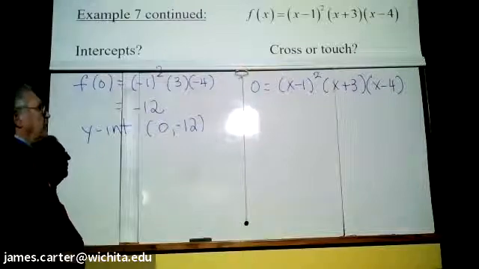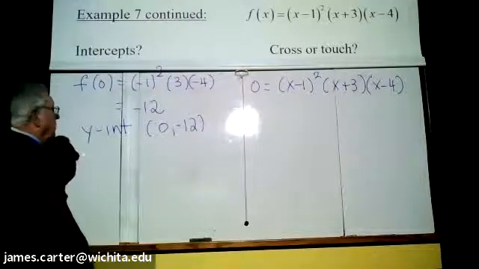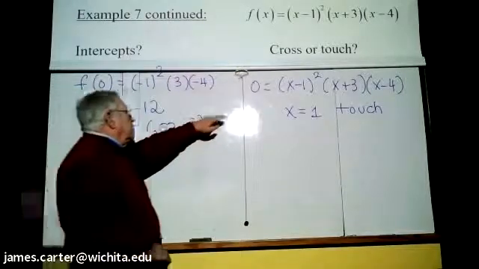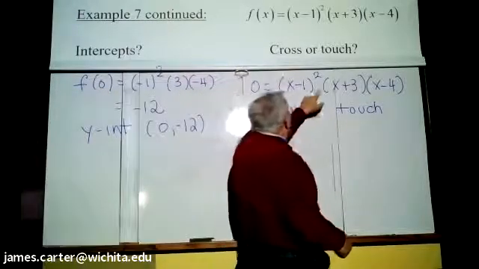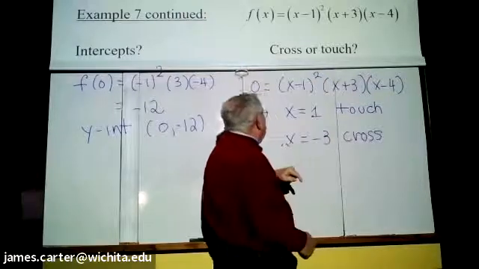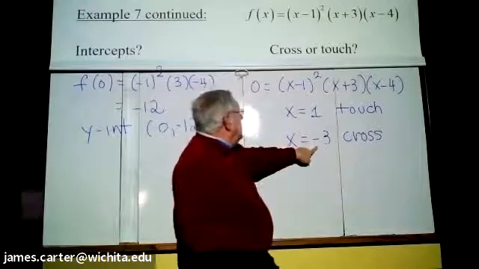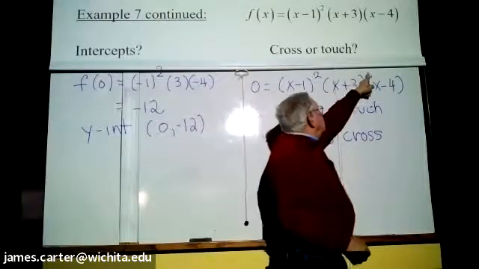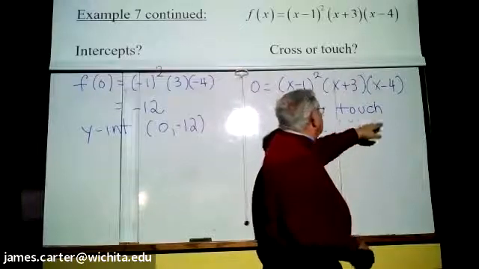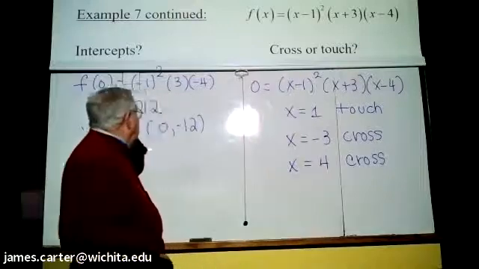Now we're going to find the x-intercepts, or the zeros, or the roots. This one gives us a root of 1 of multiplicity 2, so that's a touch and go. This one gives us a root of -3. It's a single multiplicity, so it's crossing. And this 4 is also crossing.